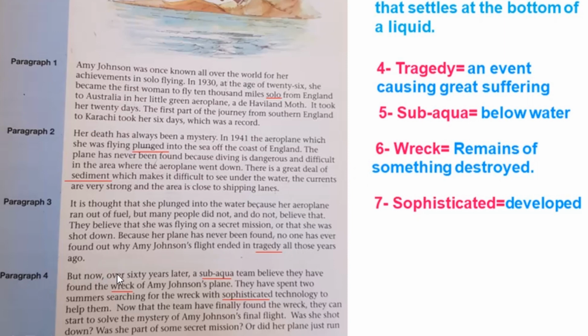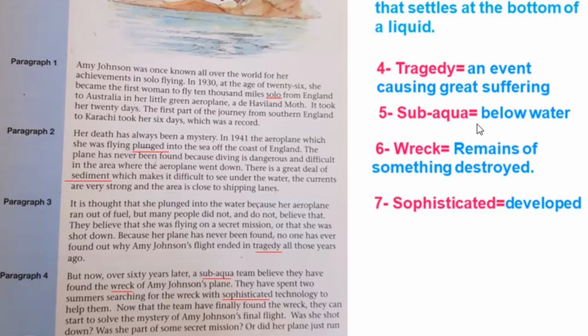Paragraph 4. But now over 60 years later, a sub-aqua team believe they have found the wreck of Amy Johnson's plane. They have spent 2 summers searching for the wreck with sophisticated technology to help them. So students, after how many years? After 60 years, what happened? A sub-aqua.